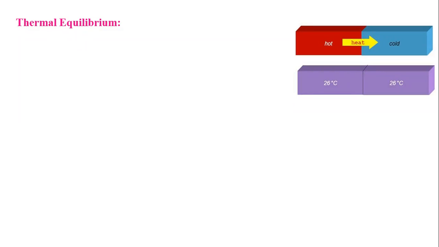When we keep these two bodies in touch with each other, then exchange of heat takes place. Heat is transferred from the hot body to the cold body, and this continues until both bodies attain a constant temperature.